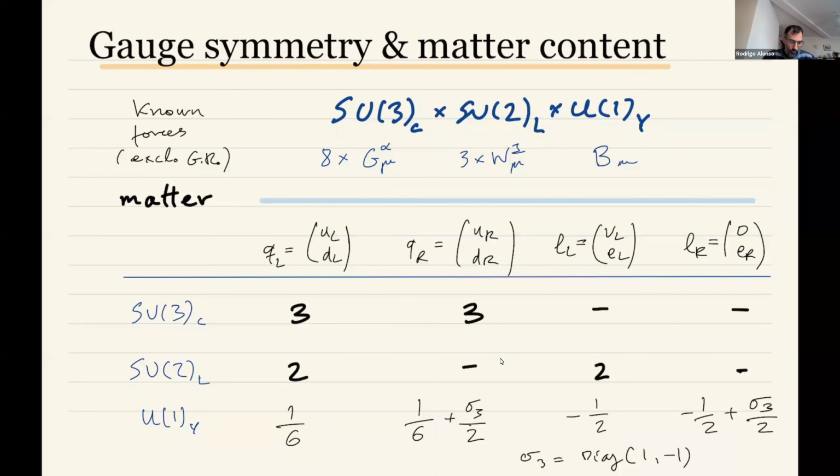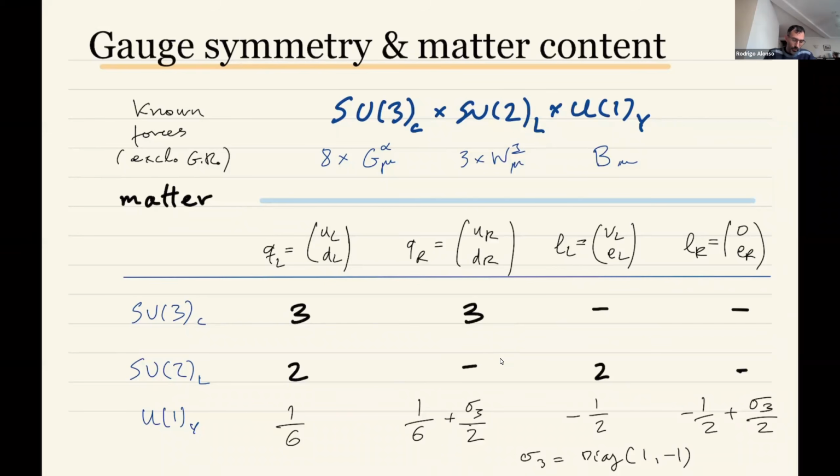Now what we call matter, as opposed to those gauge bosons that come from the gauge principle, will be organized in these doublets. This does not mean that we're taking the right-handed doublets in particular seriously, but it is a useful device to write our theory down.